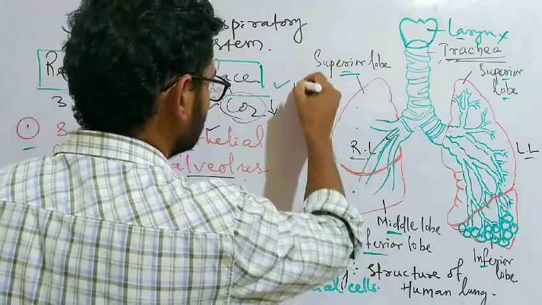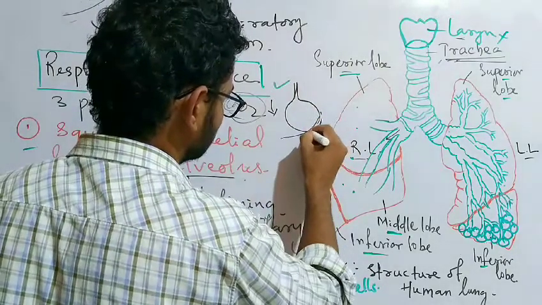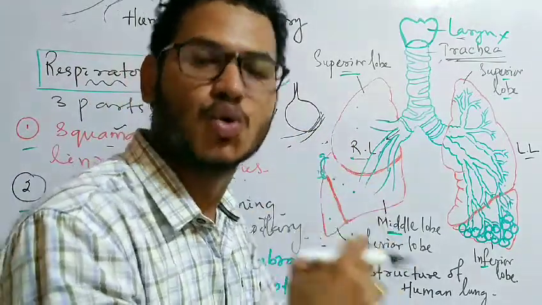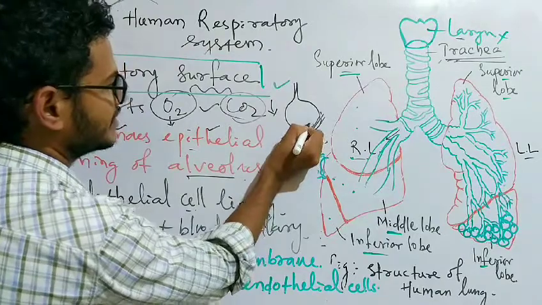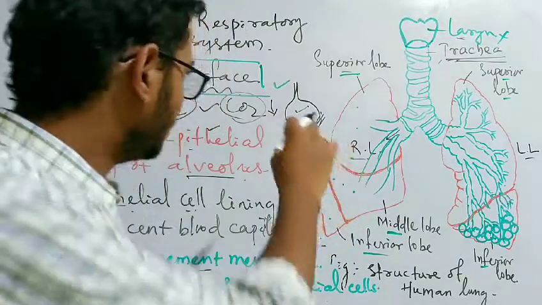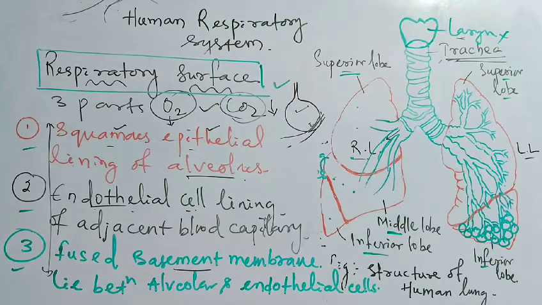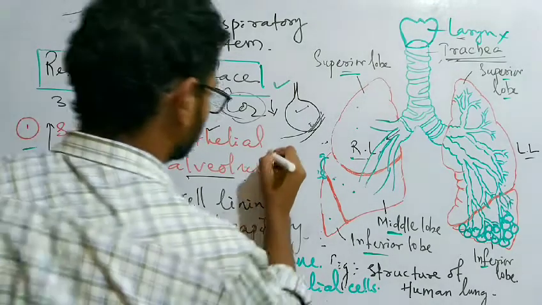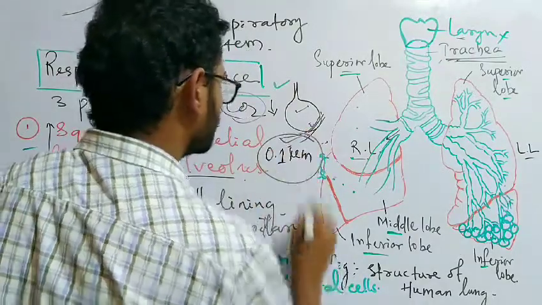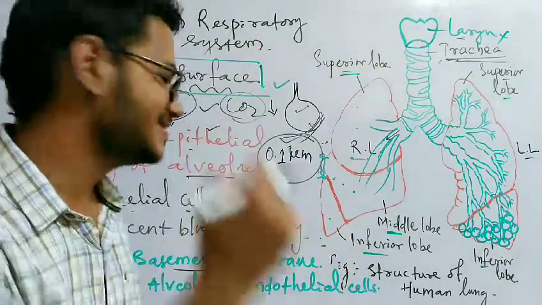If this is the alveolar duct, this is your alveoli, and this is the blood vessel, then the blood vessel is so close to the alveoli that these three layers make a distance of only 0.1 micrometer. 0.1 micrometer means a very small gap, which is just negligible.